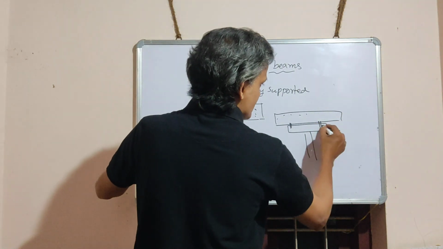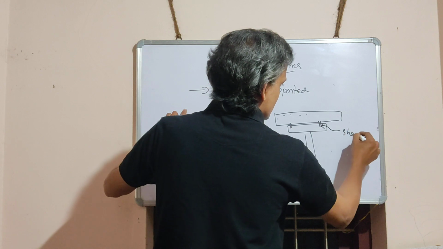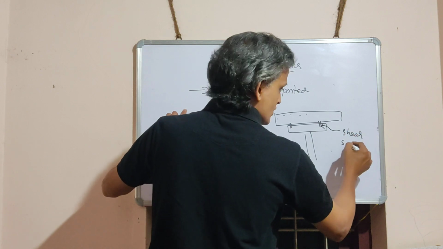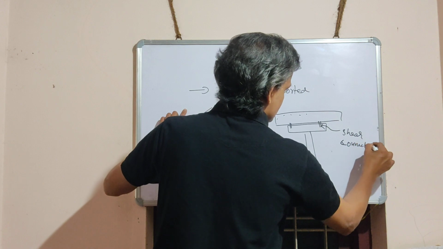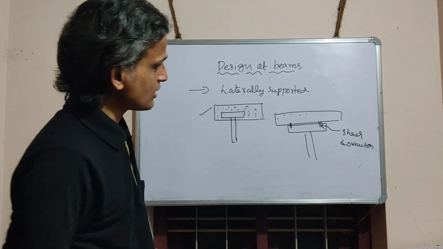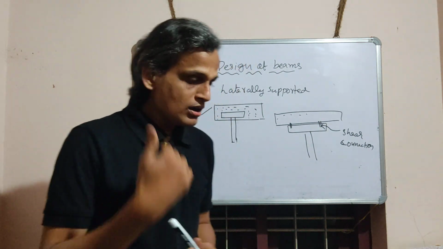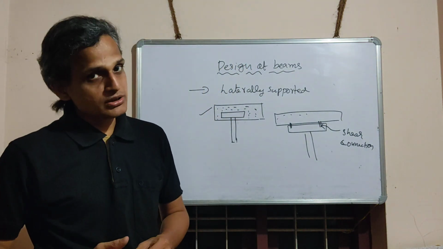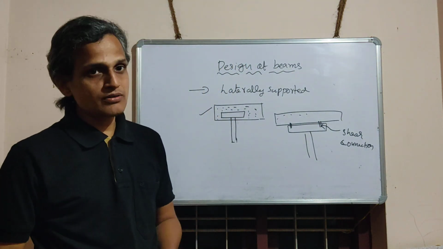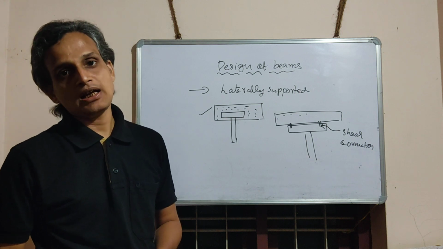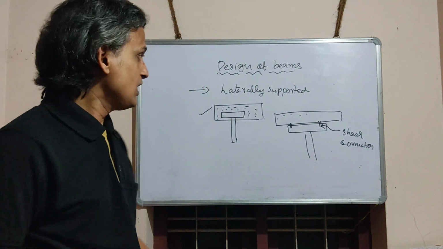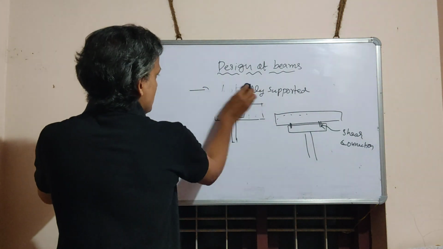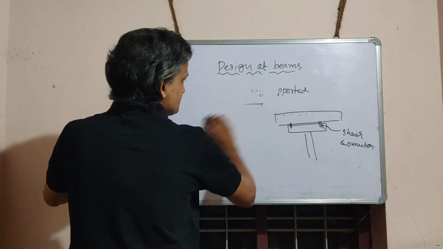These connectors are called shear studs, or generally we can say shear connection. By providing shear connections, we can laterally support the beam. Thus, we can achieve the condition of a laterally supported beam. That is the main difference between a laterally supported beam and a laterally unsupported beam.